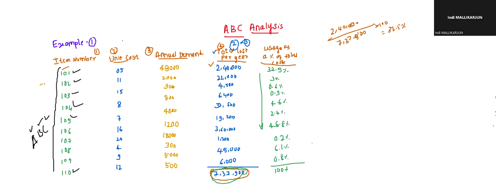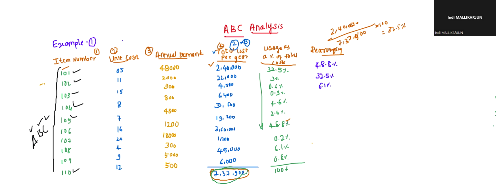After that, you have to rearrange these items now, percentage wise. Rearranging. Highest is how much here? 48.8%. Next, we are rearranging this. First one is 48.8%. Second highest is what? 32.5%. Next, 6.1%.